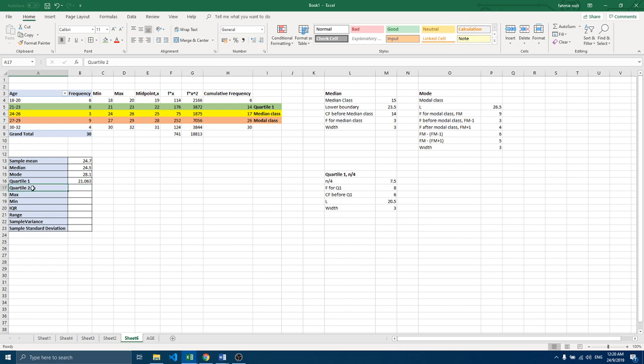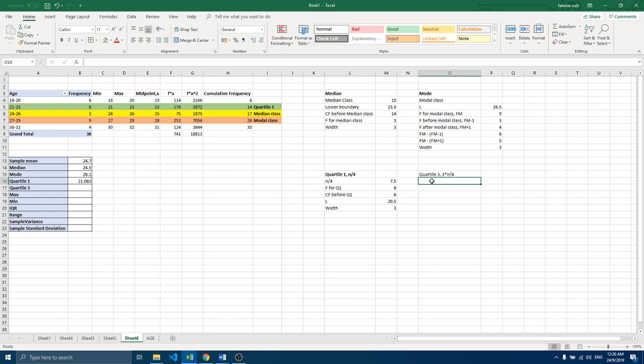Not quartile 2, this one is quartile 3. So next, quartile 3. For quartile 3, you multiply 3 with n divided by 4. So what is the answer?